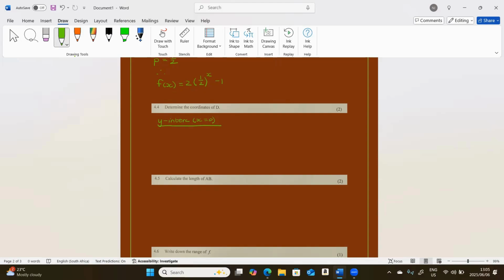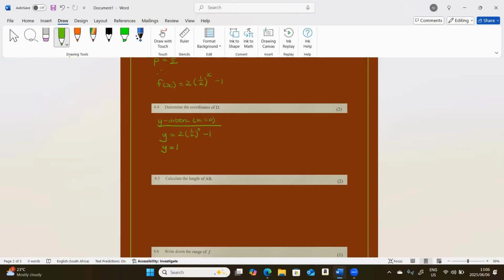So let's do it. So you are going to say y equals 2 times a half to the power of 0 minus 1. So can you see we just replaced x with 0 to get the y value. All right. So now you would see that anything to the power of 0 is 1. So 2 times 1 will give me 2, and 2 minus 1 will give me 1. So then we have our y value is equal to 1.